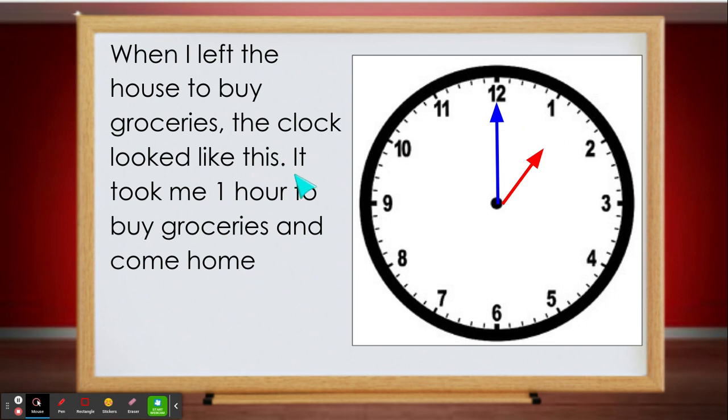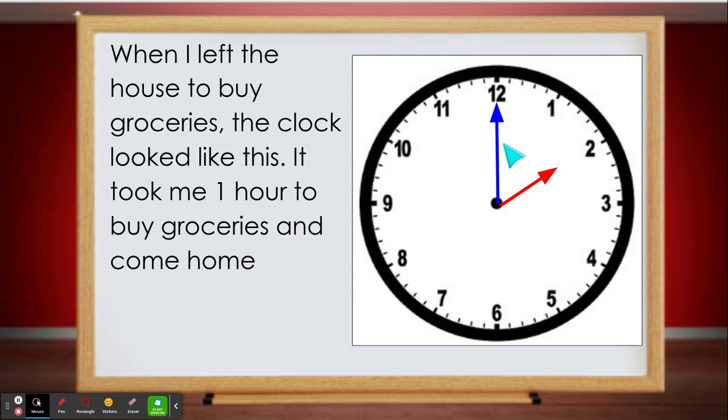So if it took me 1 hour to buy groceries, I'm going to take this minute hand and go all the way around back to 12. If I take my minute hand all the way around, I'm adding 1 hour to our hour hand, and it will show 2 o'clock.